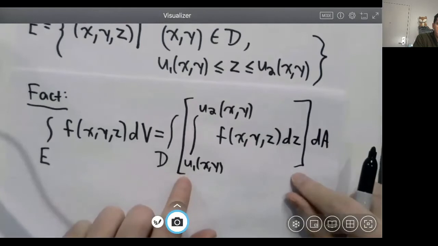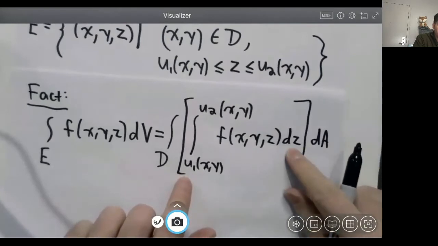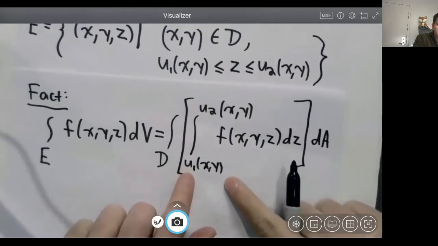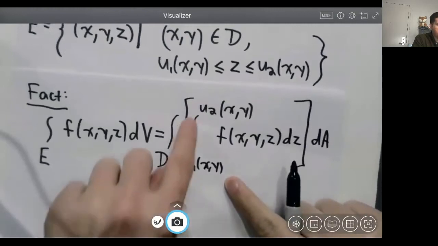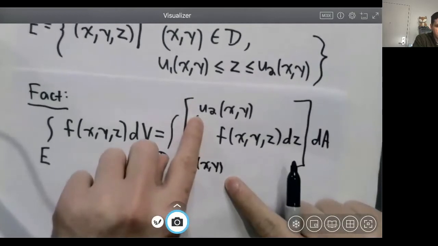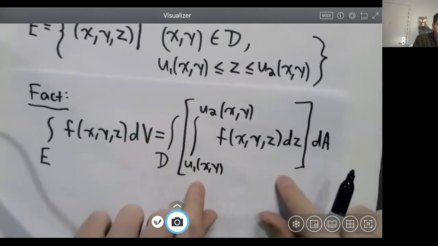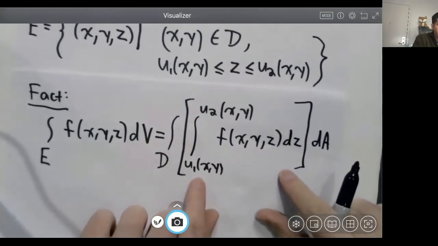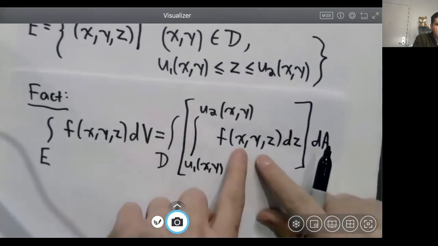In this inner integral, we're integrating with respect to z. z is going from u1 of x,y, which is the starting value of z, up to u2 of x,y, which is the final stopping value of z. In this inner integral, we're thinking of x and y as being held fixed.